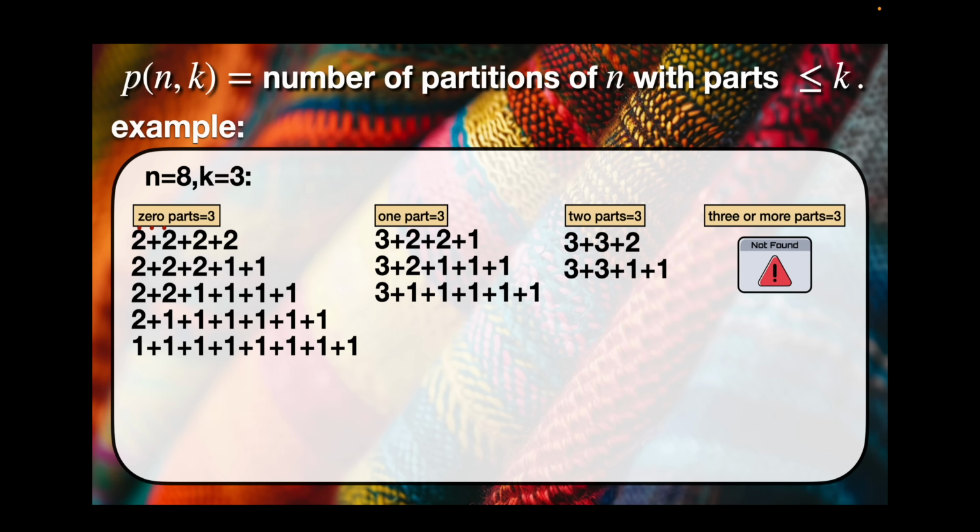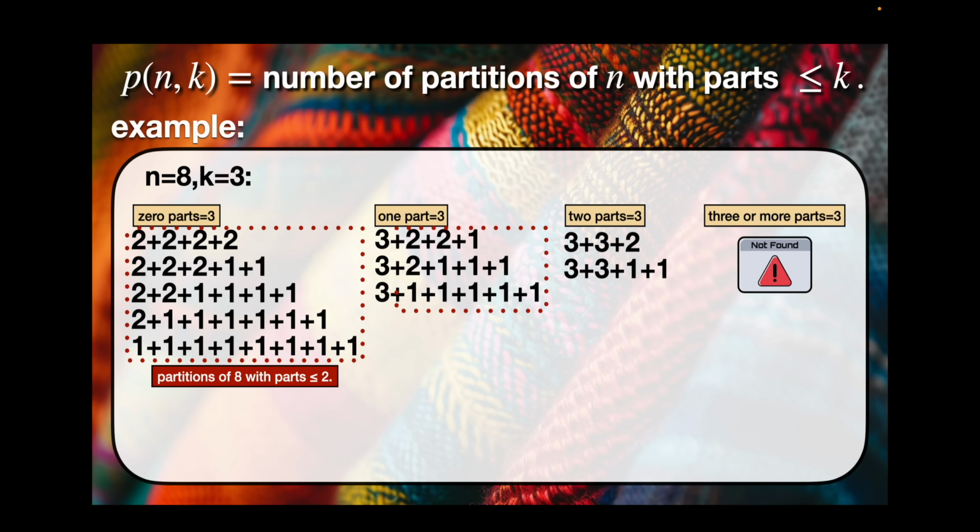So now looking at this a little bit closer, notice that the partitions with 0 parts equal to 3 are simply partitions of 8 whose parts are less than or equal to 2. And then the partitions where 1 part is equal to 3, that gives us really partitions of 5, because 5 is 8 minus 3. We're taking away that 1 part which is equal to 3. So partitions of 5 whose parts are less than or equal to 2.